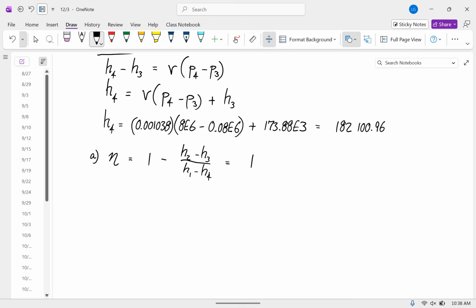So that is 1 minus (1795 times 10 to the 3rd minus 174 times 10 to the 3rd) divided by (2758 times 10 to the 3rd minus 182 times 10 to the 3rd), just rounding all this stuff. And you get that the efficiency is 0.371.